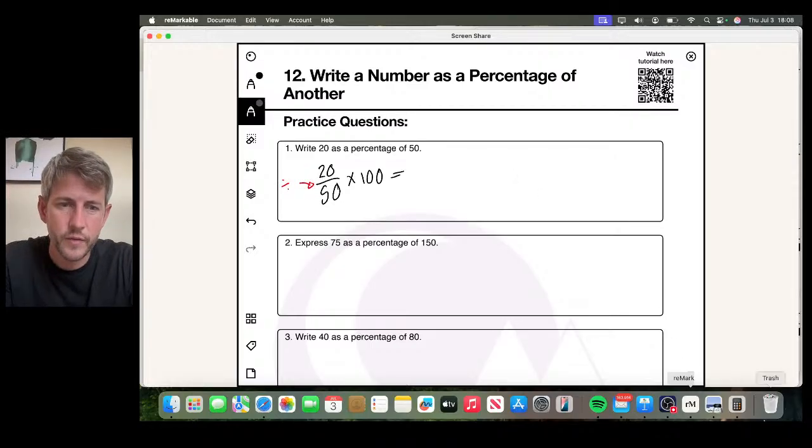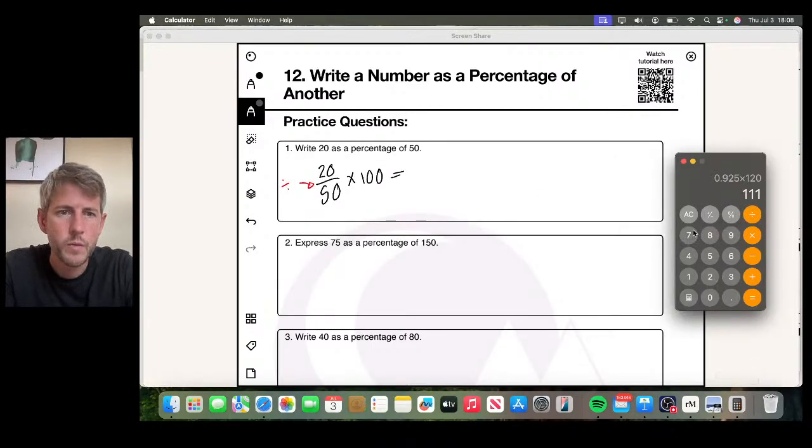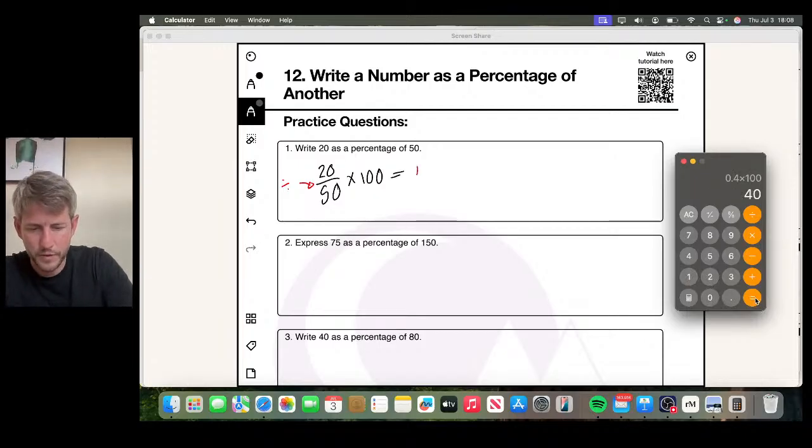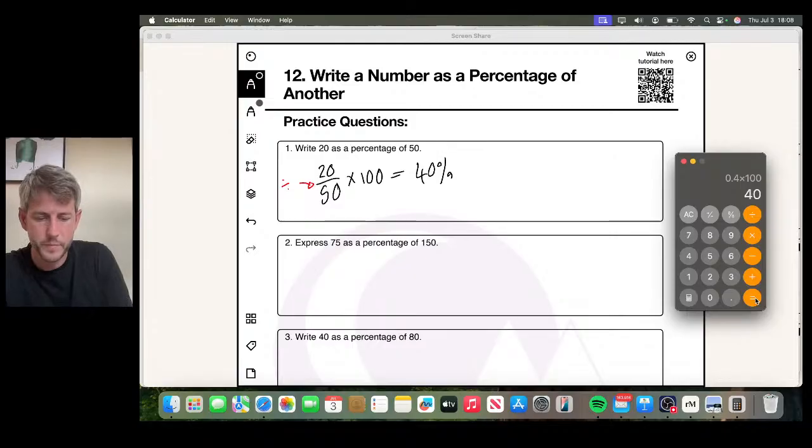So let's do that on the calculator. So we'll do 20 divided by 50 equals 0.4, and then times that by 100 to turn it into a percentage. So that will be 40%. Okay, there we go.